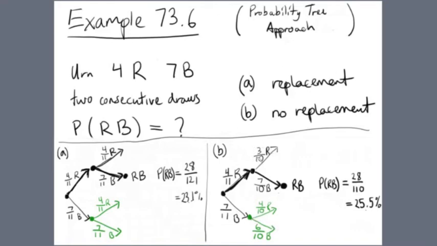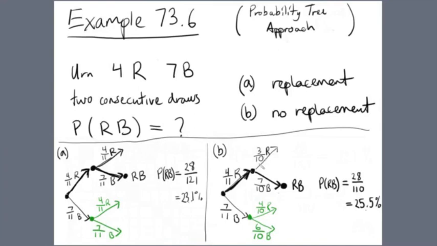The chance of drawing a red is less on the second draw if we drew a red on the first draw than it would have been if we drew a blue on the first draw, because think about that, there's still 4 red marbles. So there's going to be a higher chance of drawing a red on the second draw if we drew a blue on the first draw than if we drew a red on the first draw.